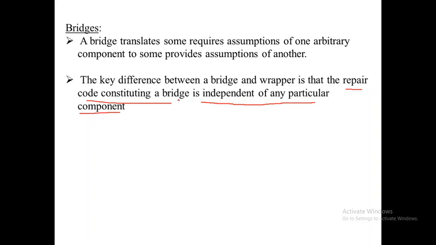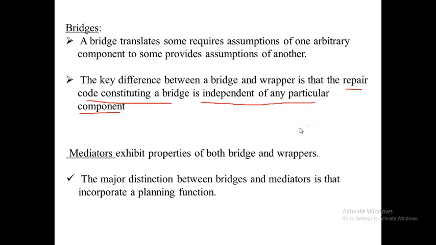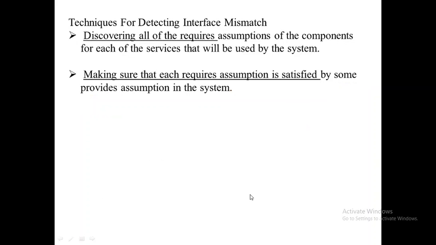Repairing of a bridge is independent of any particular component. That is not the case with the wrappers. Next, the third one is mediator. Mediator exhibits properties of both bridge and wrappers. The major distinction between the bridge and mediators is that mediators incorporate a planning function. The main thing of a mediator is that it plans the functionality.